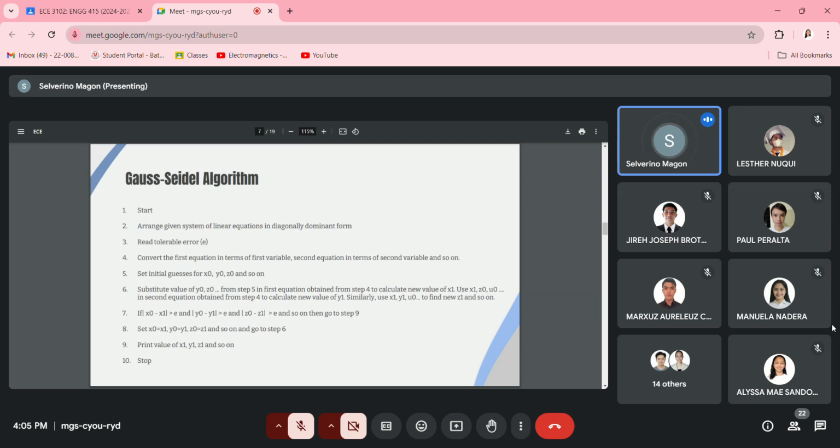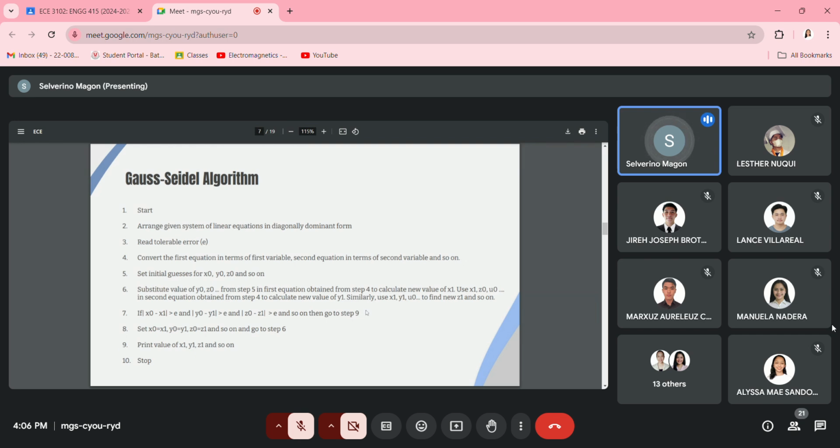right. Yeah, so use x sub 1, z0, and y0 in the second equation obtained from step 4 to calculate the new value of y sub 1.